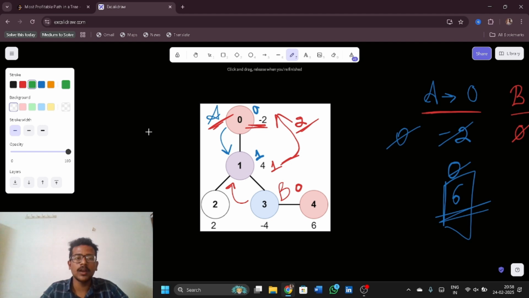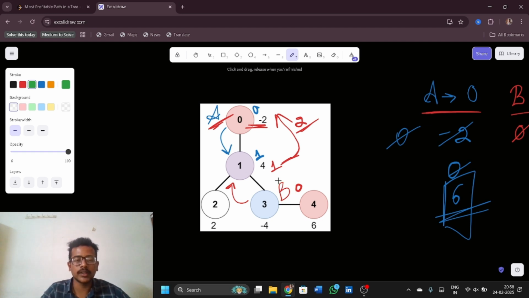So let me say if I traverse through Alice, I'll go through these nodes and add all these values. But this would be wrong because Alice has stopped adding the values here itself, and because these nodes have already been visited. So instead of taking Alice first, I'll take the DFS or any other algorithm for Bob.